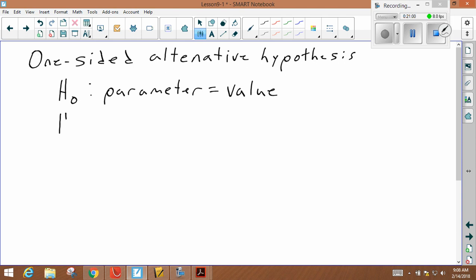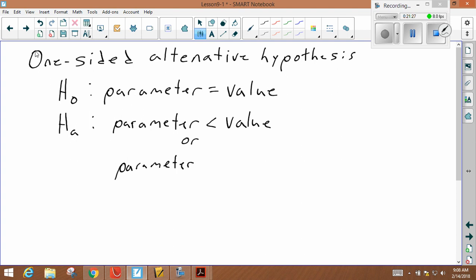And then our alternative hypothesis, H sub A, is going to be our parameter less than a value, or we could have our parameter greater than that value.